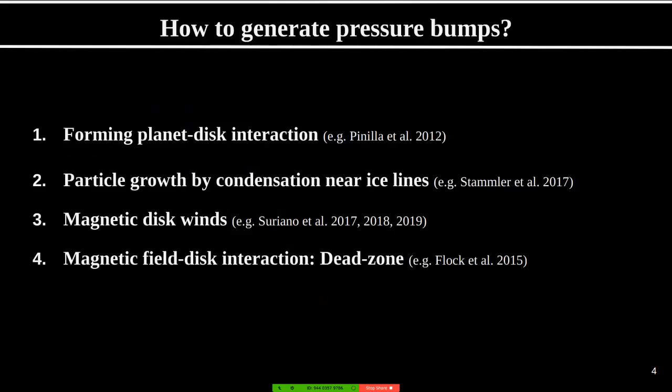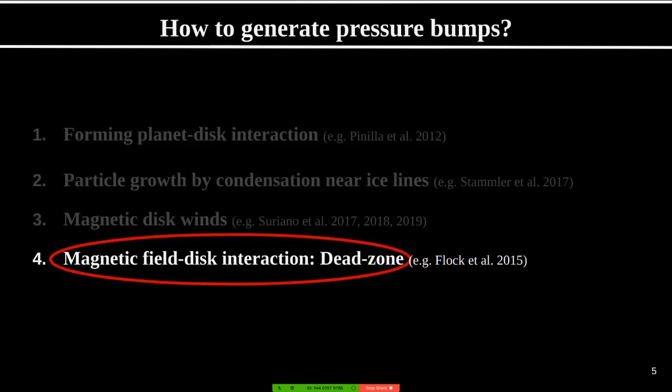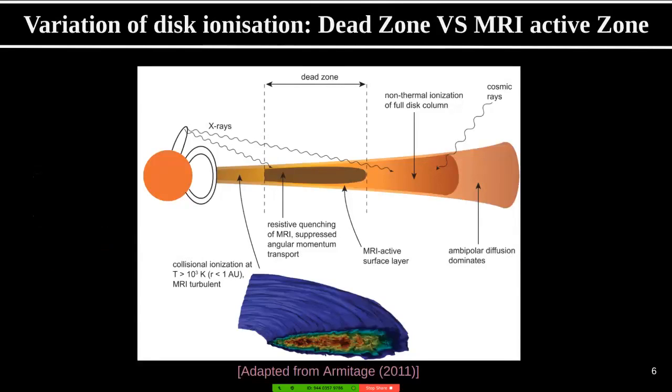And you have a bunch of mechanisms to do so. Now we'll talk about the magnetic field-disk interaction, also called the dead zone mechanism. So briefly, what is the dead zone mechanism? The dead zone mechanism occurs because disks are weakly ionized environments.